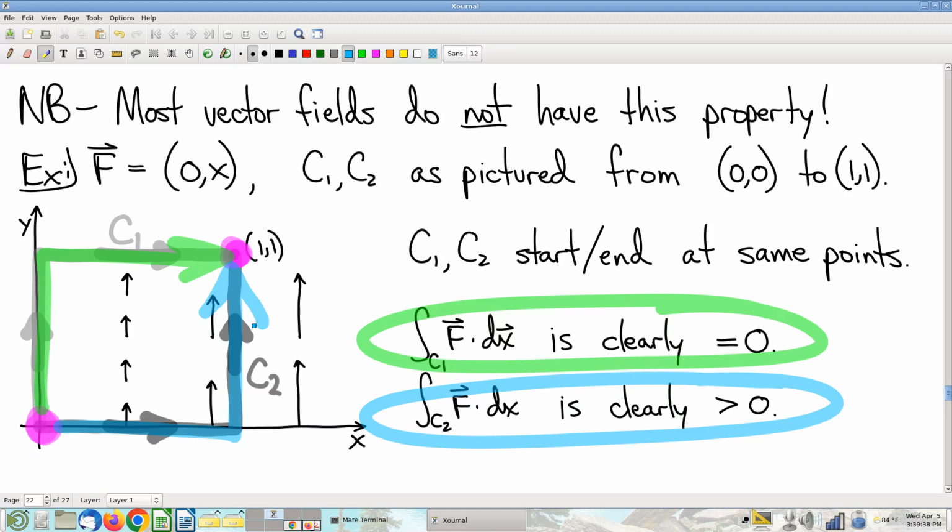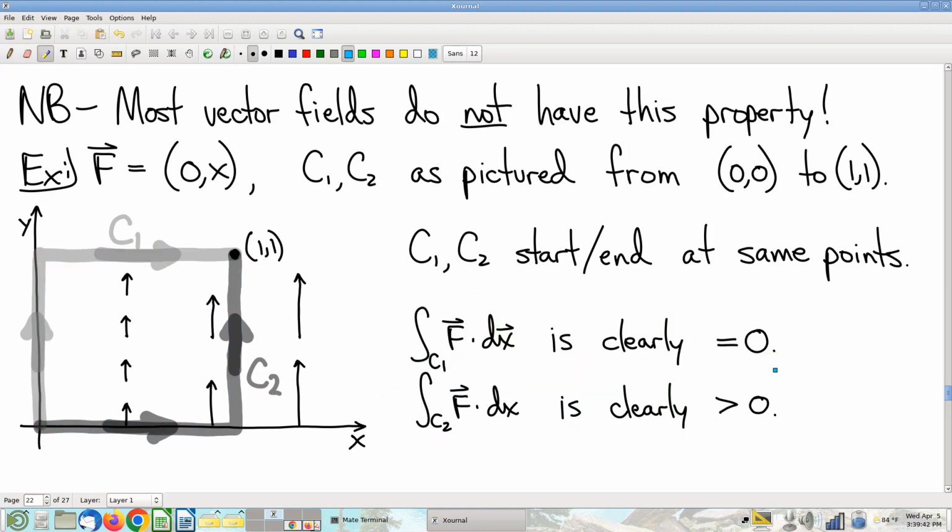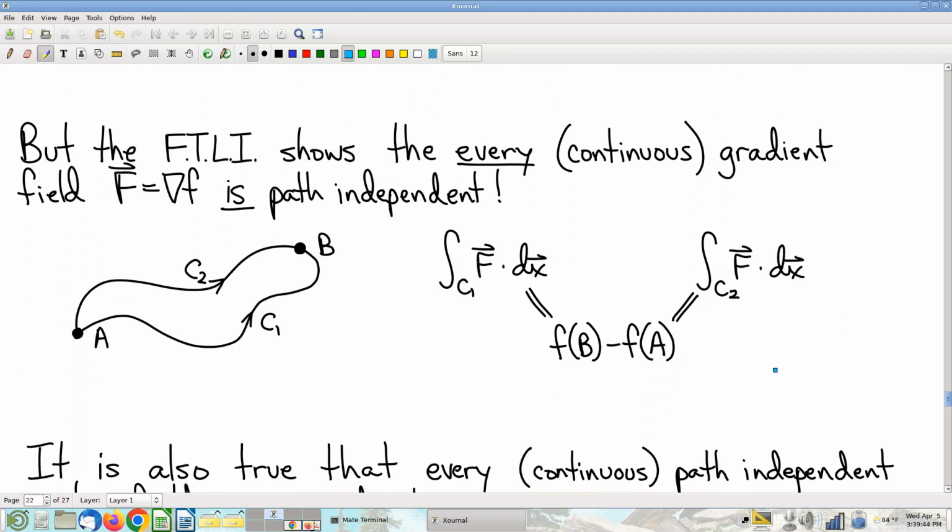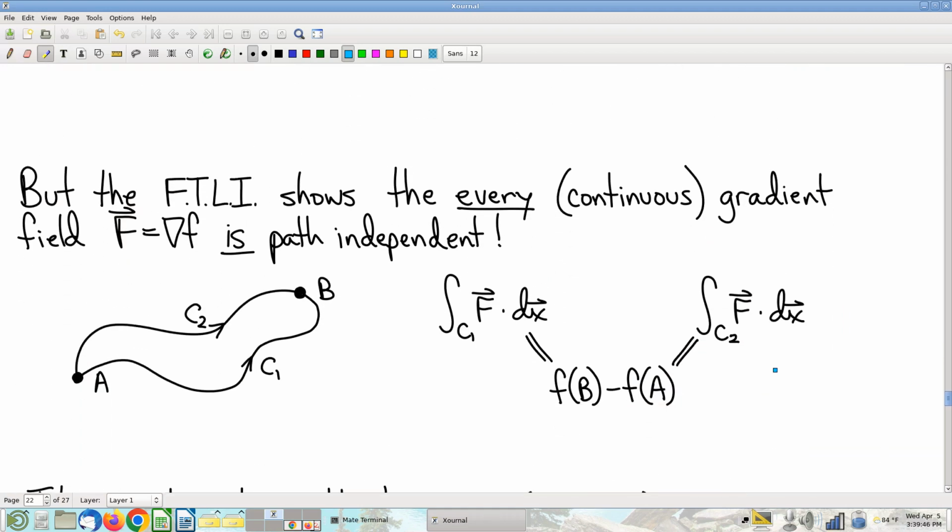Now let me show you a bunch of vector fields that actually are path independent, amazingly. And here we go. It's gradient vector fields. Quick little point of rigor that we don't need to worry about: I'm going to assume everything is continuous, so I don't want to get bothered by regularity issues. It's not what this course is about.